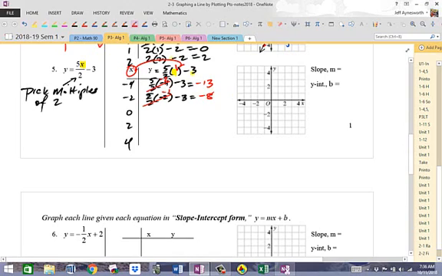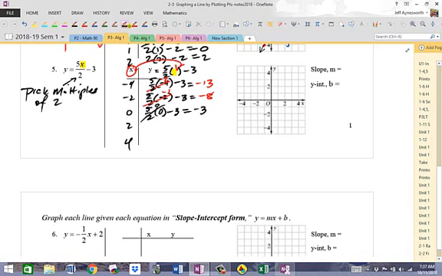Okay, 5/2 times 0, -3. Well, these just cancel out, right? -3 is a -3. And then 5/2 times 2, -3. The 2's cancel. 5 times 1 is 5, -3 is 2.